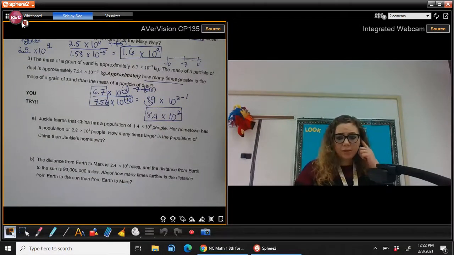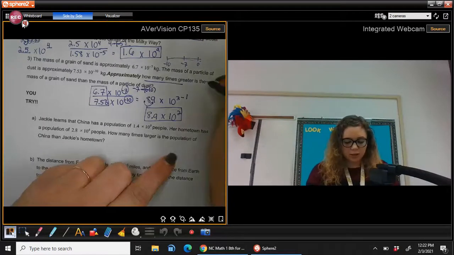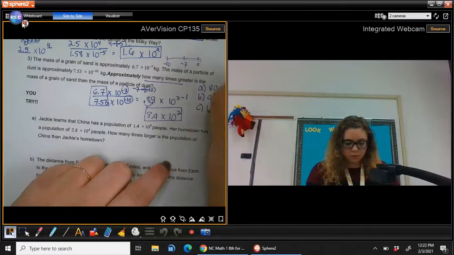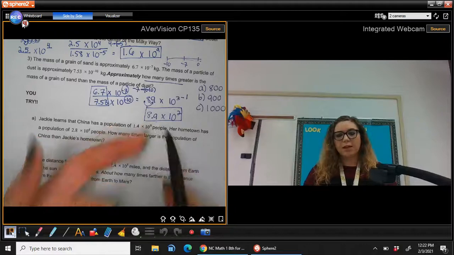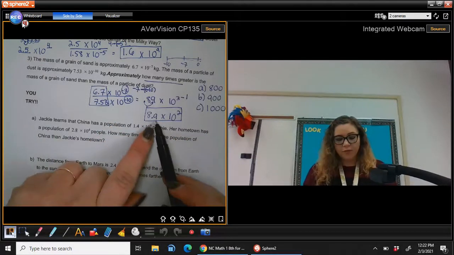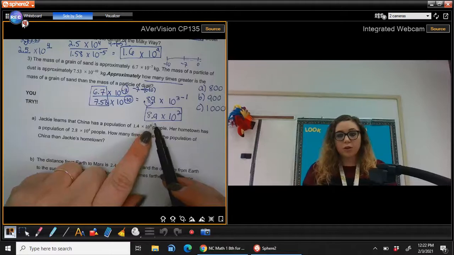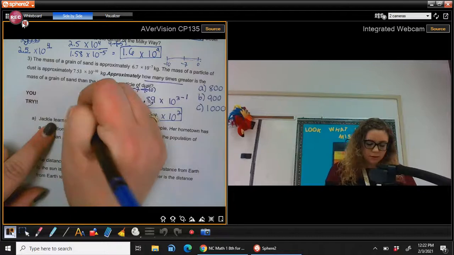Now, sometimes your answer choices are going to look like this. Okay, and they're going to say choose A, B, or C, and you get something like this. If that's the case, this is in standard form, so you would have to convert this to standard form. The way you would do that is you would come over here.